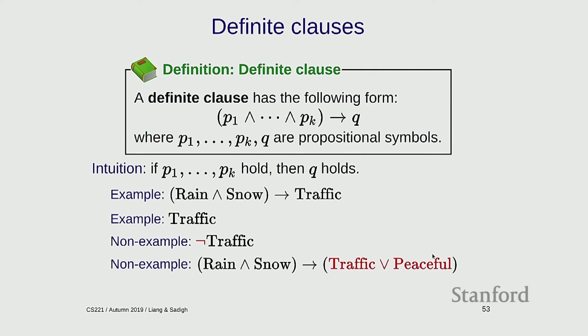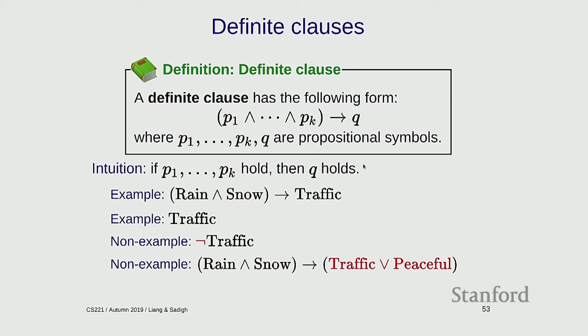What if it were traffic and peaceful? That way you could say those two are true, so both have to be true. Good question. This is an interesting case where technically it's not a definite clause, but it essentially is. There are a few subtleties here. If you have A implies B and C, this is exactly the same as having two formulas, A implies B and A implies C, and these are definite clauses.